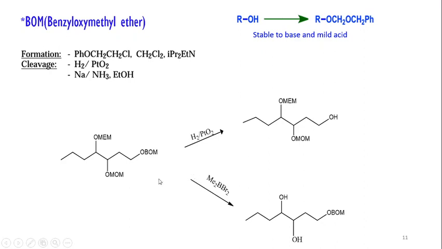Here is one example in which 3 alcohols are protected by means of MEM, MOM and BOM, but the deprotection with H2, PtO2 only deprotects this BOM group by means of reducing reagent, not the MEM and MOM, and with the Lewis acid only the MEM and MOM groups are deprotected, not this BOM.